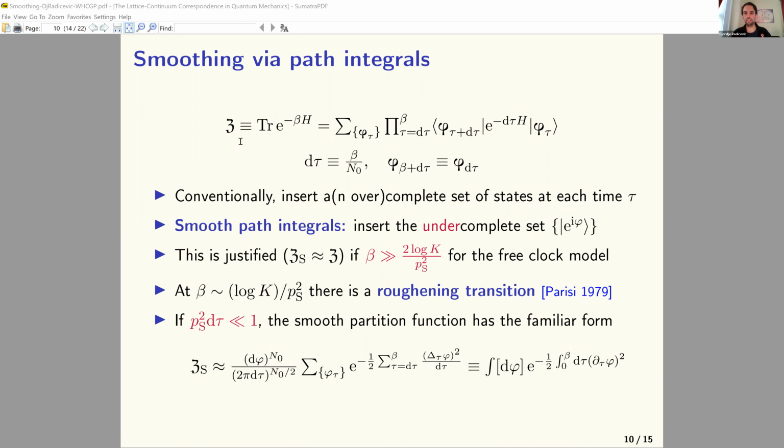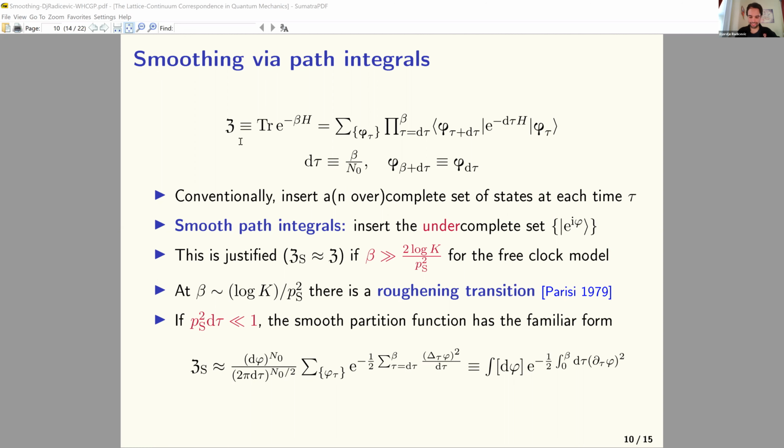So let me say more about how this entire spiel works in the path integral language. The thing that we want to calculate is typically a thermal partition function. This first line is something that everyone has seen, I'm sure.